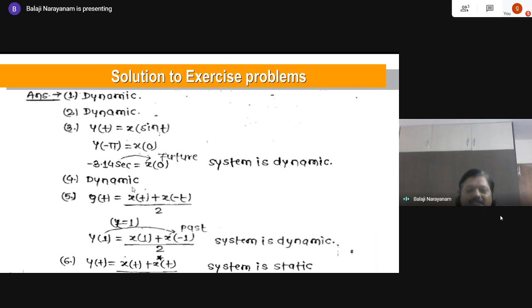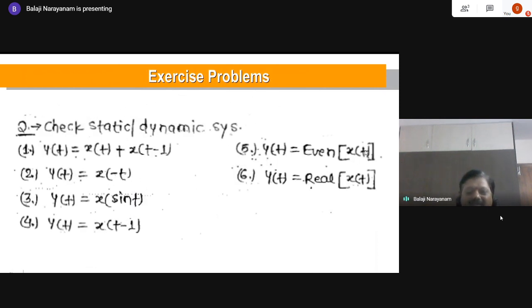The fifth problem is you are asked y of t is even part of x of t.